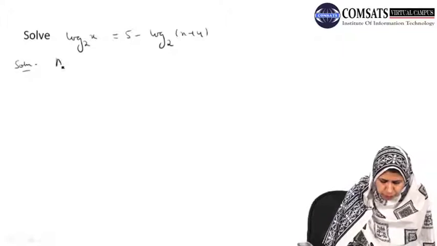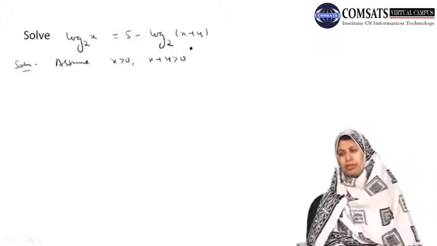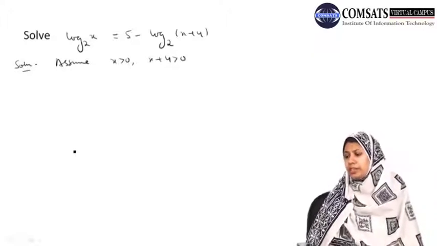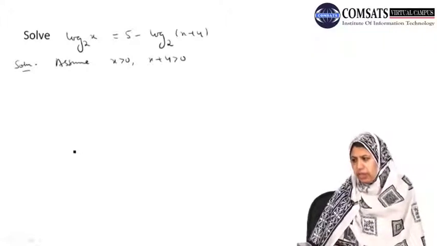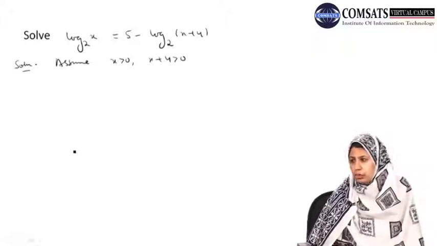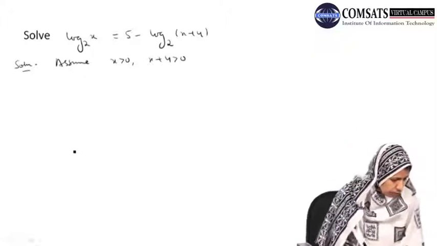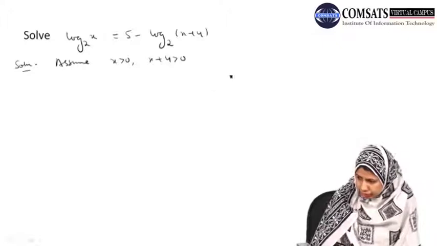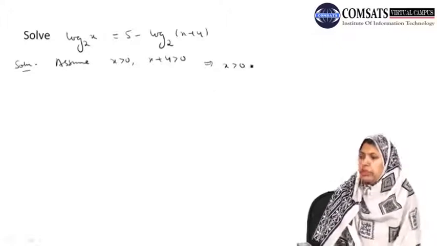We have to assume something on x, that x should be positive and x plus 4 should be positive. Why? Because if x is equal to 0, then log of x is undefined, and if x plus 4 is equal to 0, then log of x plus 4 is also undefined. So in particular we have assumed that x should be positive.